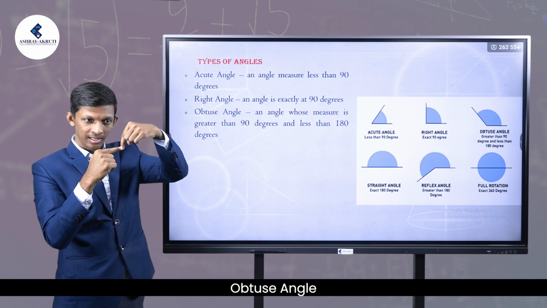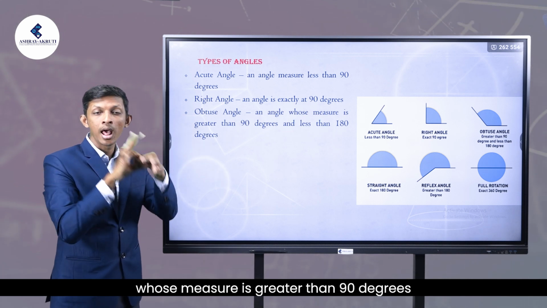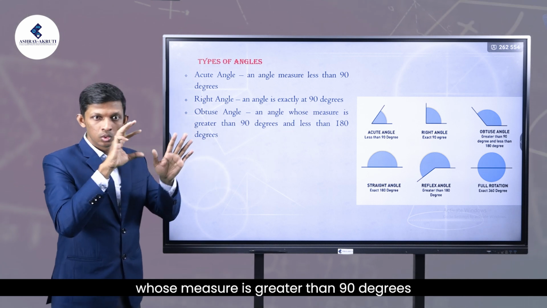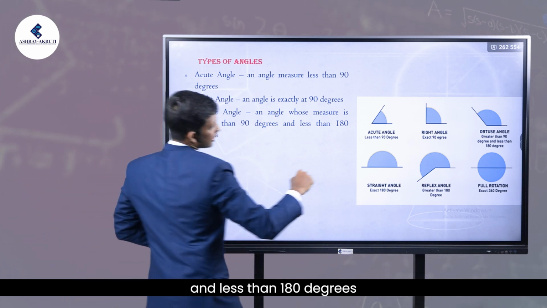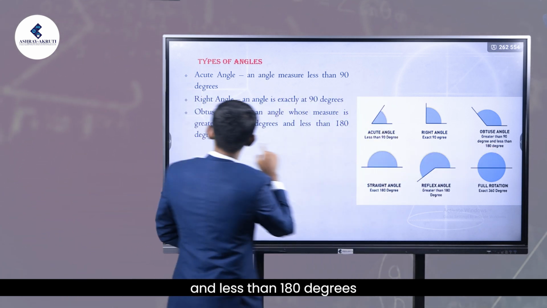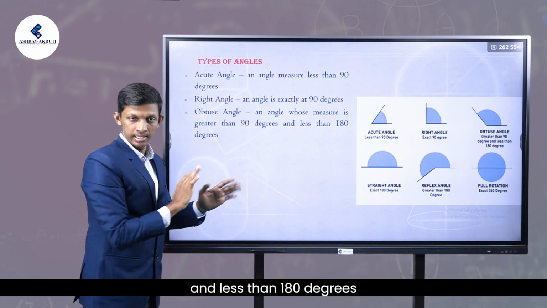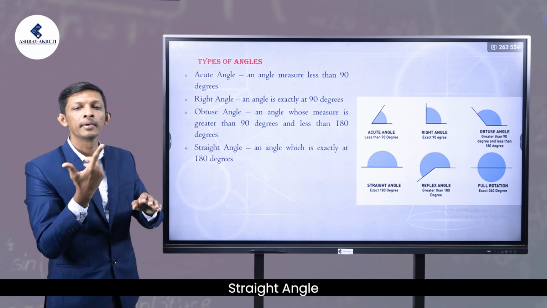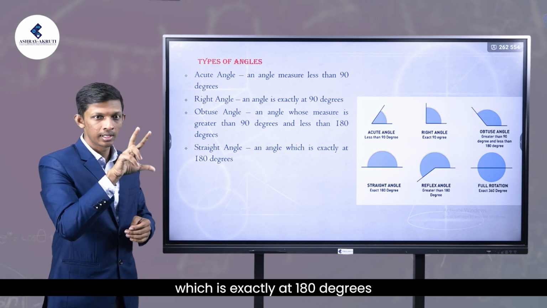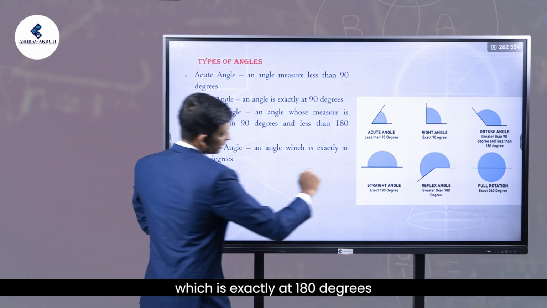Obtuse angle. An angle whose measure is greater than 90 degrees and less than 180 degrees. Straight angle. An angle which is exactly 180 degrees.